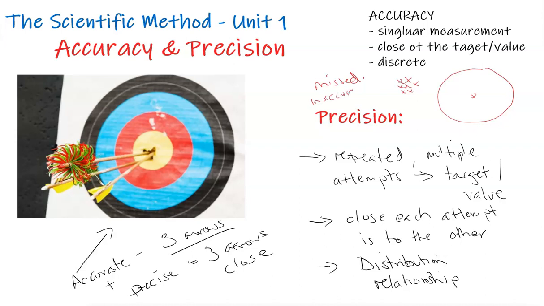I have missed the target. However, all of these attempts are close together, so I can say that this is a precise data set, precise arrow shooting. I have missed the target, but I have been able to have all my arrows go in the same place, so I'm very precise. So this is repeated. So there's a difference when you have accuracy and precision, how they relate together.